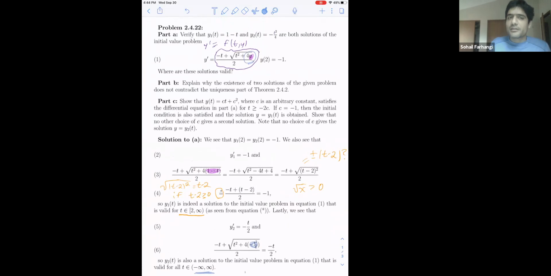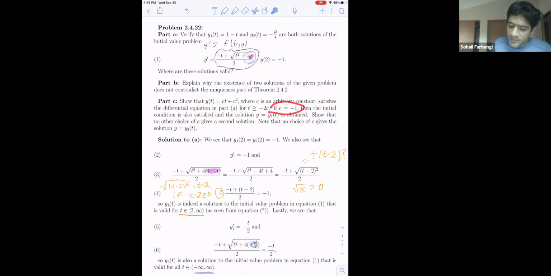So lastly, we will do part C. We want to show for part C that y of t equals ct plus c squared, where c is an arbitrary constant, will satisfy the differential equation in part A, namely this differential equation, for any t bigger than or equal to negative 2c.